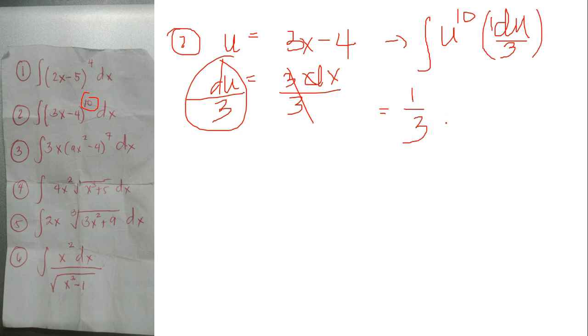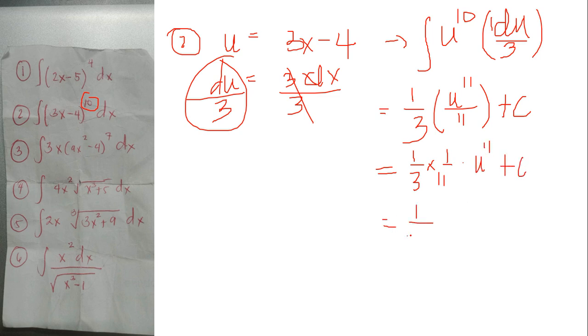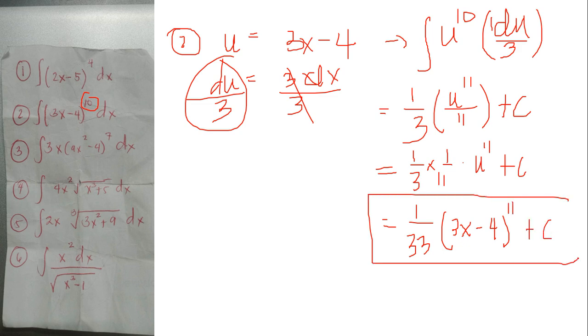Ilalabas natin yung 1/3. Tapos, integral ng u raised to 10 is u raised to 11 all over 11 plus c. Ibig sabihin, 1/3 times 1 all over 11, tapos u raised to 11 plus c. So, this is 1 all over 33. Tapos, balikan na natin yung u: 3x minus 4 raised to 11 plus c. 10 points na ulit yan. Hindi ko maraming nakakuha yung mga tamang sagot.